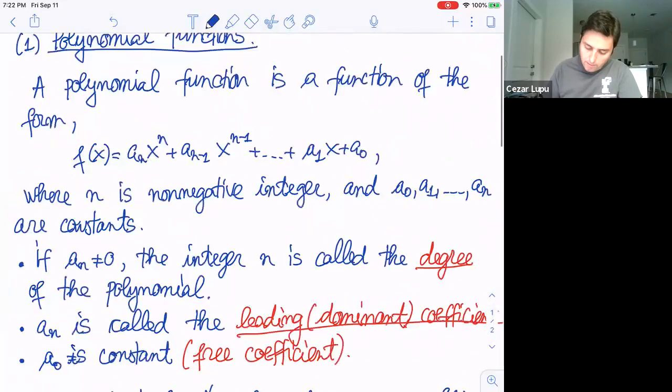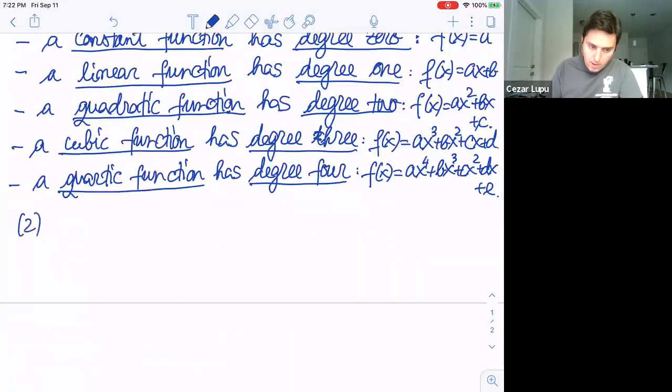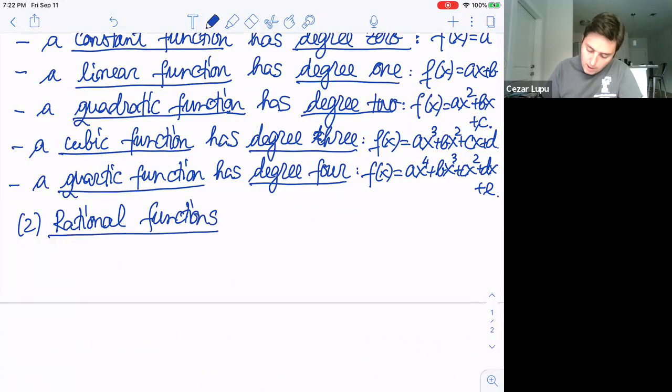So this was the polynomial function. And the second one, let's say the rational functions. Let's see how these functions look.